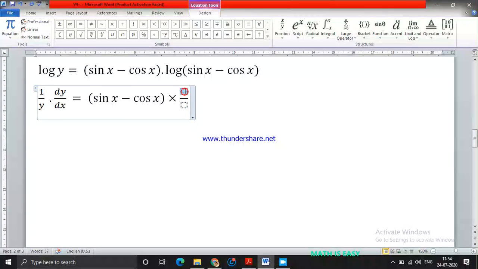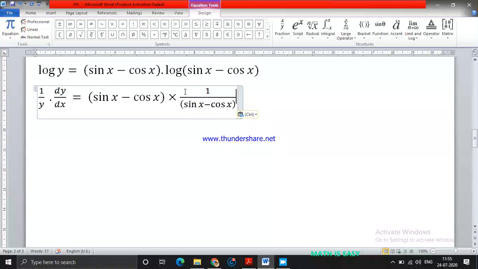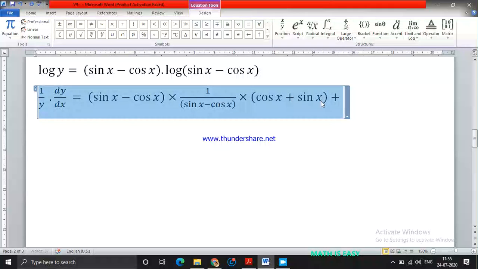Derivative of log theta is 1 by theta into derivative of theta. The derivative of sin x is cos x, and the derivative of cos x is minus sin x. Already have minus sign, it will be plus sin x. So u derivative of v plus v derivative of u.